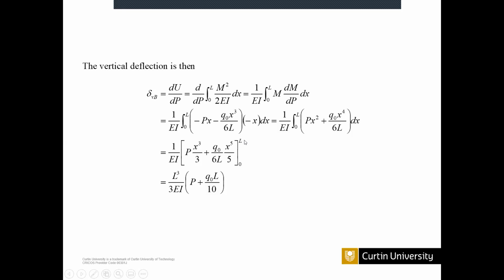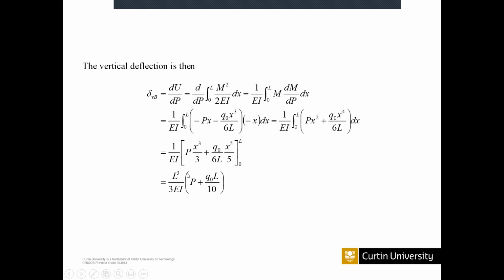Then introduce the limits, L cubed and L to the fifth, and the other part will be 0. Then this is simplified in this manner. So this is the vertical deflection at point B.